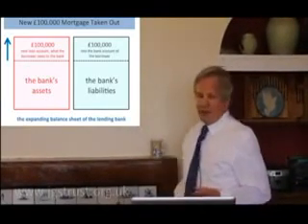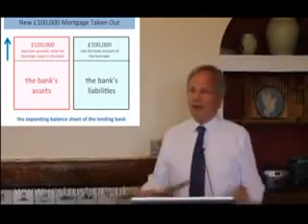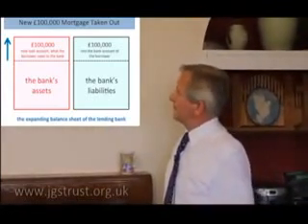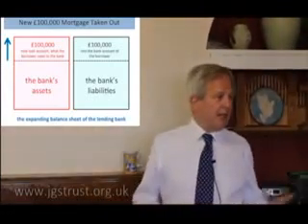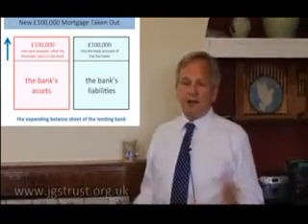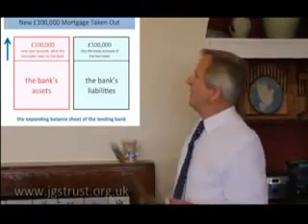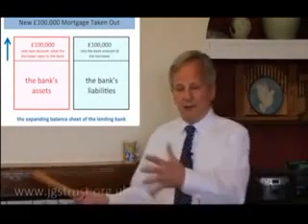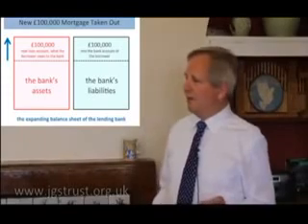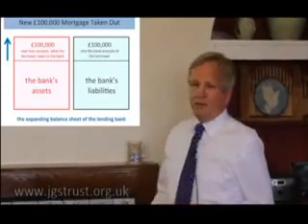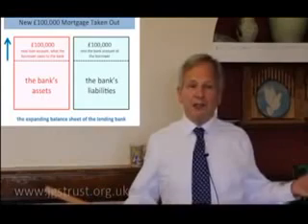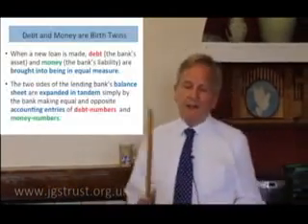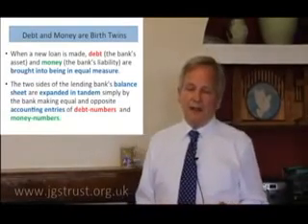So what's happened here is somebody in the bank has approved the loan and has just typed in £100,000 onto the asset side of the bank's balance sheet, however that's represented in the computers, and has typed in £100,000 into the current account of whoever's going to receive the money. No stuff has moved, two numbers have changed. That's it.